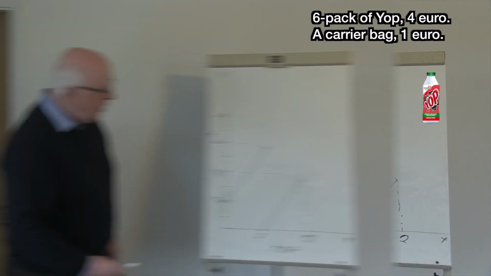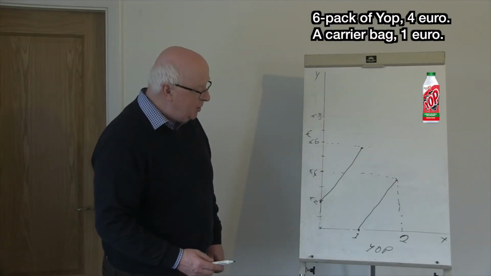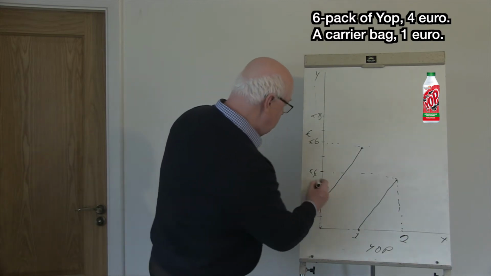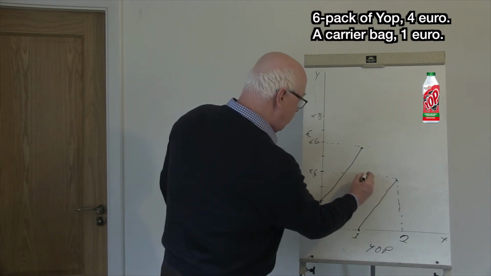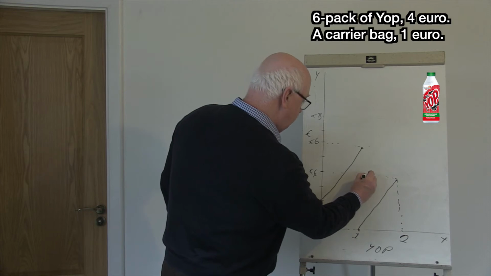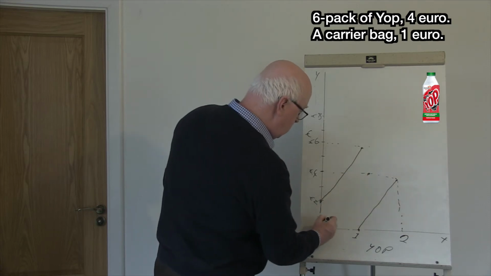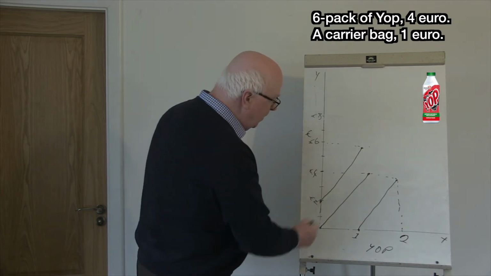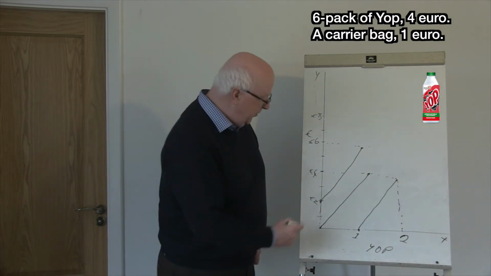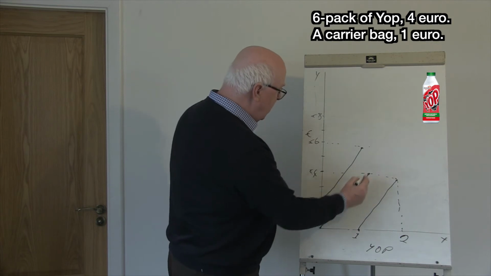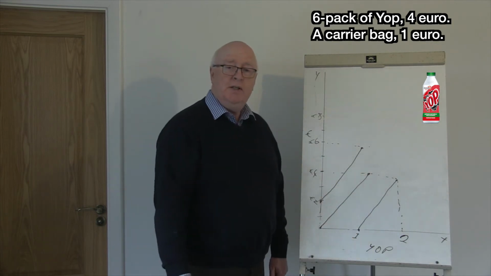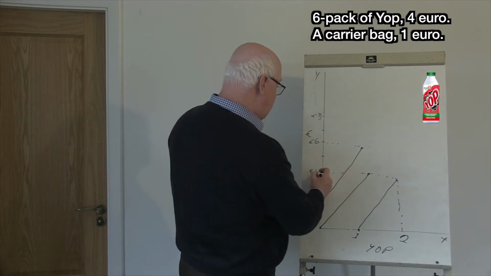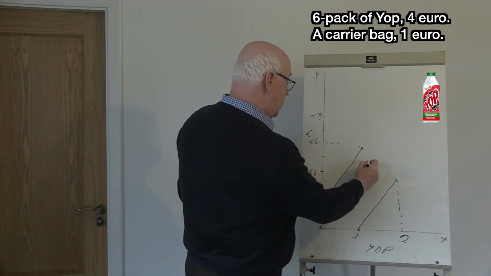Now, another example that might happen as well is if I go out here and draw this for 1. And then we buy our Yop for €4, and then the shopkeeper says, well, you need a bag, so we have to pay €1 for the bag, so that'll be up around here.